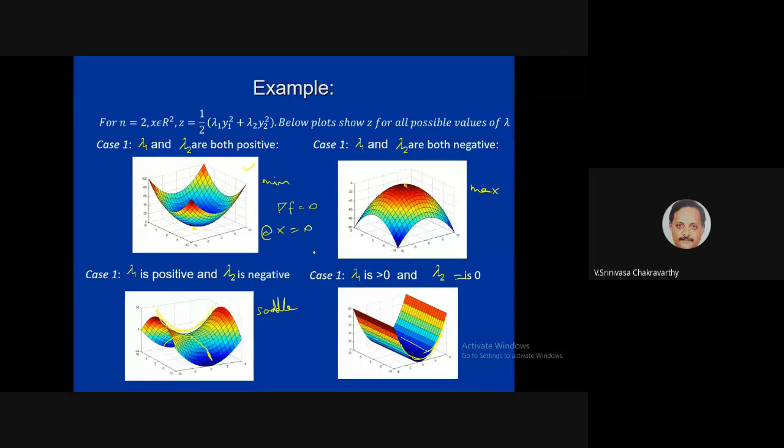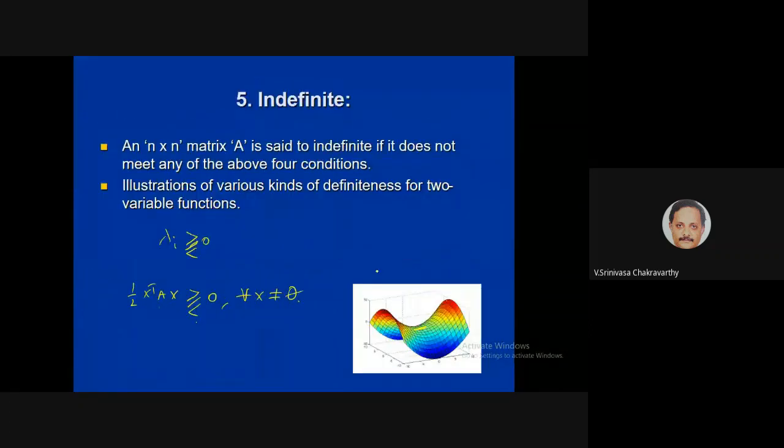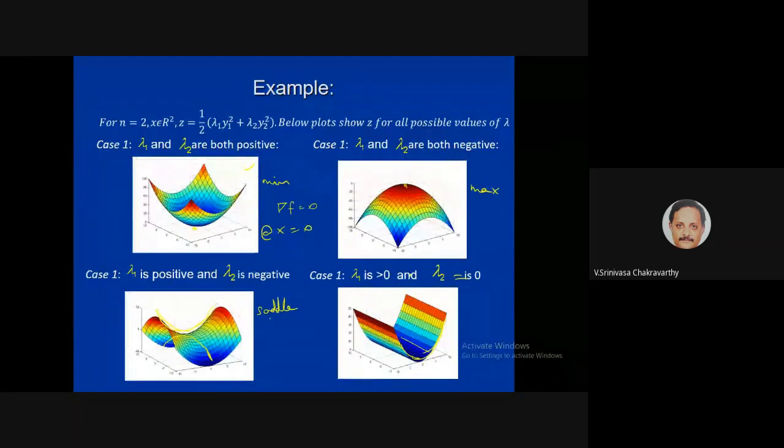Okay, so these examples you have seen before: both lambda 1 and lambda 2 are positive, function goes up, minimum. Both are negative, function goes down, maximum. One is positive, one is negative, it's a saddle. But the fourth case is interesting, just like what happens in this indefinite case, where some are positive, some are negative, but some can be zero. So take a simple example where lambda 1 is positive and lambda 2 is zero. Then in the lambda 2 direction, it is the y2 direction, it's not x2, it is y2, there is no variation, it's flat.